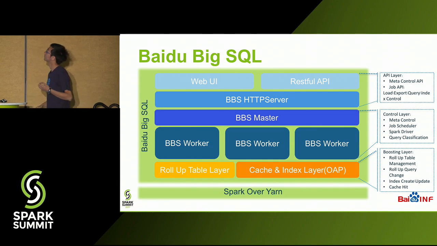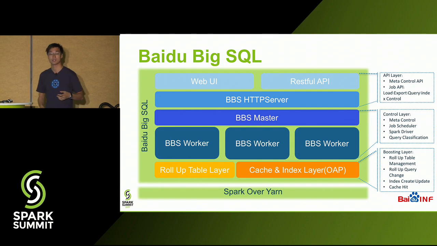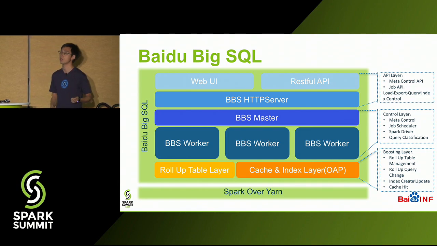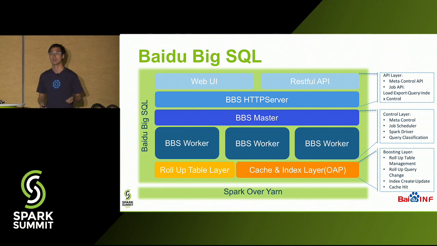The API layer includes the meta control API, like the project API and table control API. In the job API, load and export jobs are mainly responsible for data import and output. And the query job is just the Spark SQL query, but it's different because we can save our result to a temporary table. In this way, a user's result, which may be very huge, does not have to go through the driver. It is one way to reduce the driver's overload.